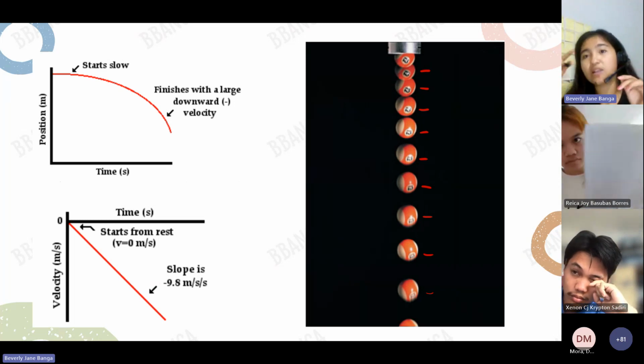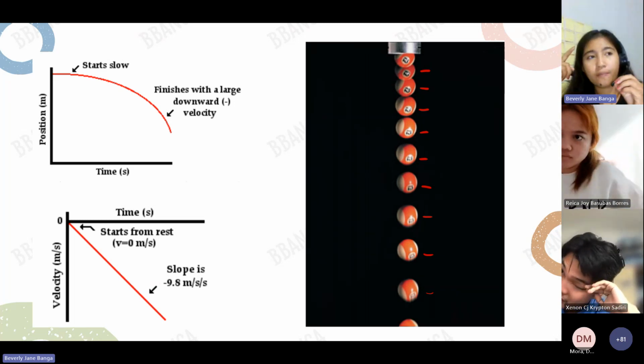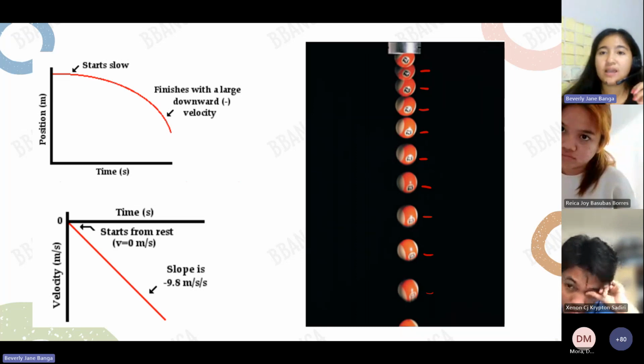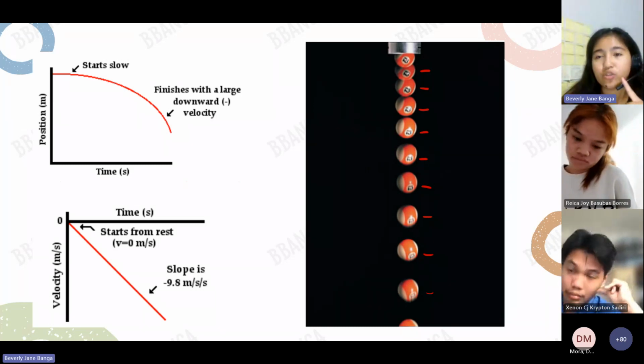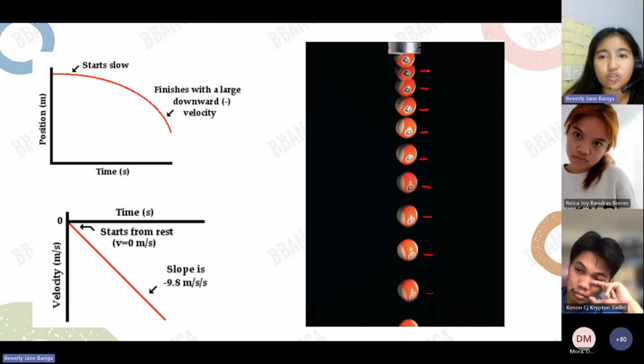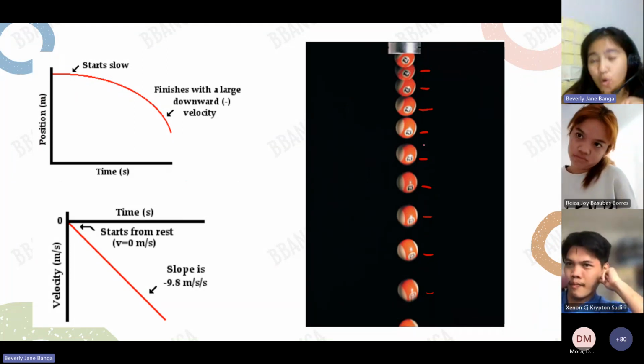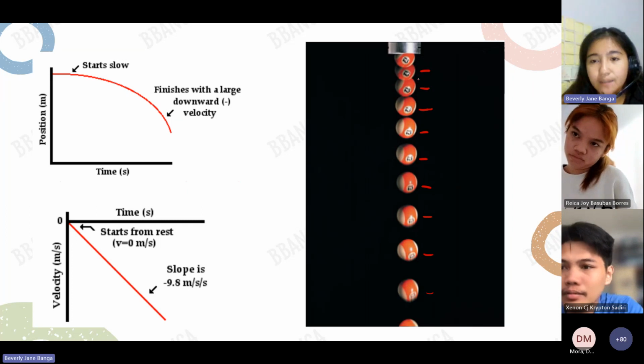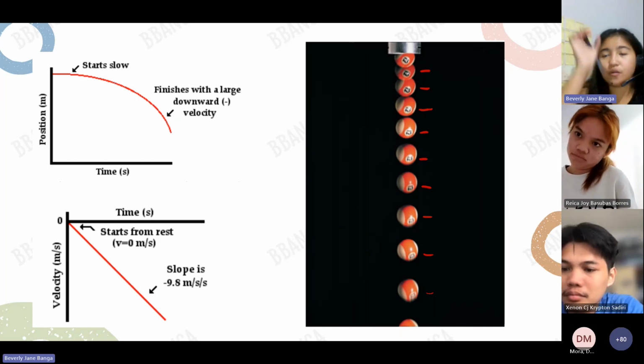So, kung 1 second yung naging time difference nila, ibig sabihin, itong ball, when it was dropped, 1 second later, nandito siya, the next second, nandito, the next second, nandito, and so on. So, ano yung mapapansin natin doon sa movement ng ball natin? What can we say about the movement or the photograph of the ball as it goes downward?